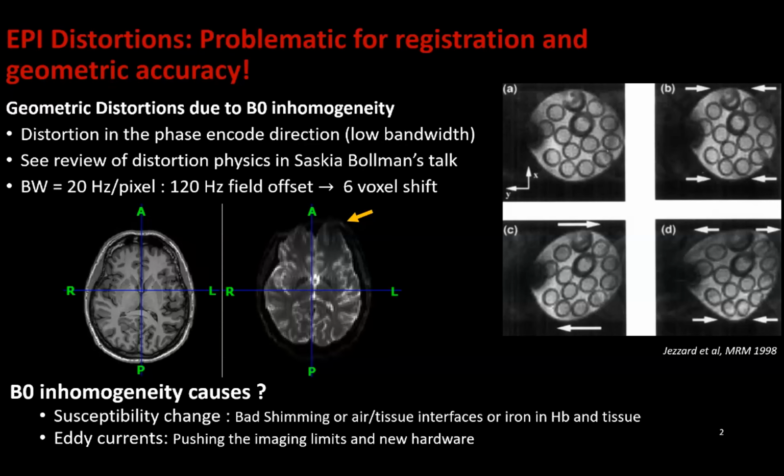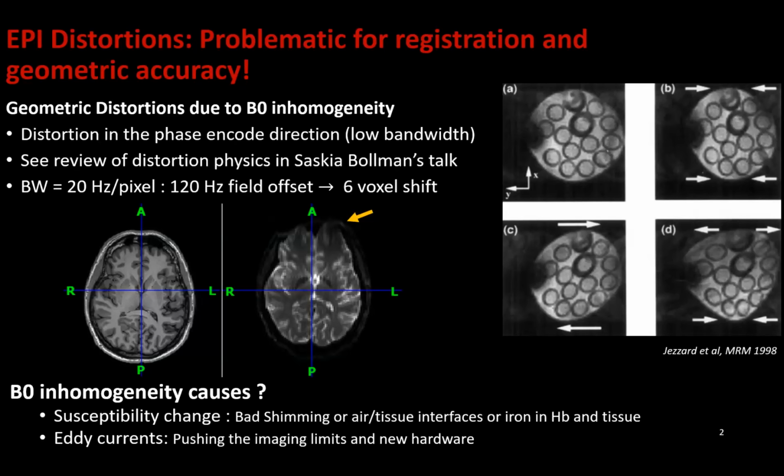So in other words, you can have iron in hemoglobin and tissue, or you can have air tissue pockets like the sinuses. They're all areas where they're going to have different susceptibility values, and hence the B0 field is going to get distorted. So it's something you cannot escape. The B0 field is going to get distorted just as a function of the brain that we are imaging, right?